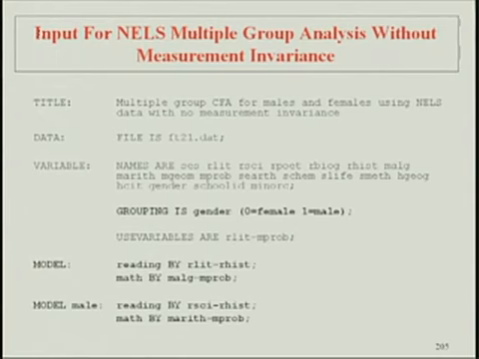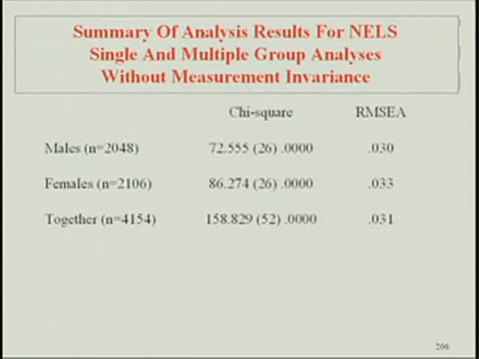And then let's take a look at what we would do. We would do this chi-square difference testing that we looked at. Oh, whoops, nope, that's not that. This is the results from the analysis of the models separately and then together, step 1.